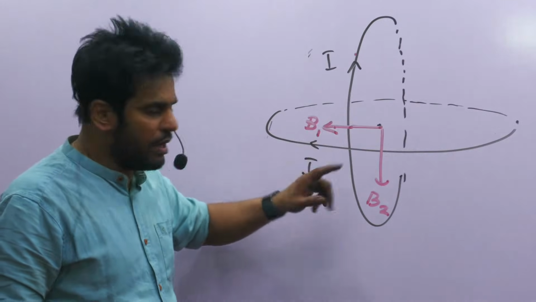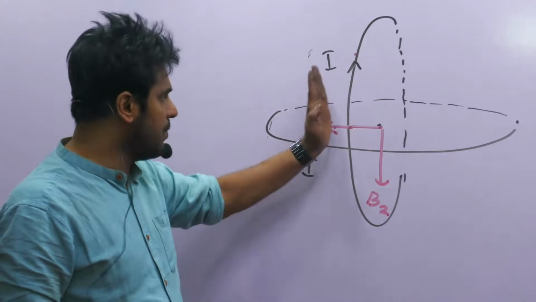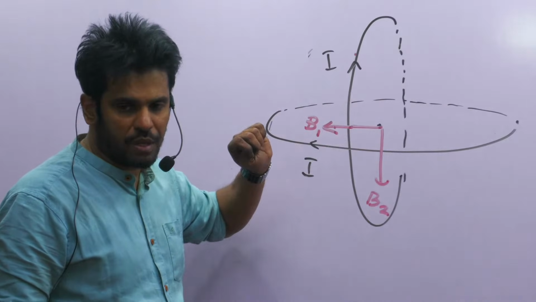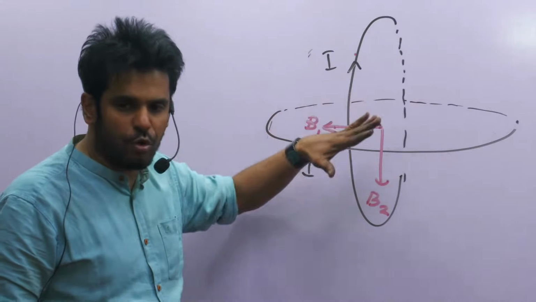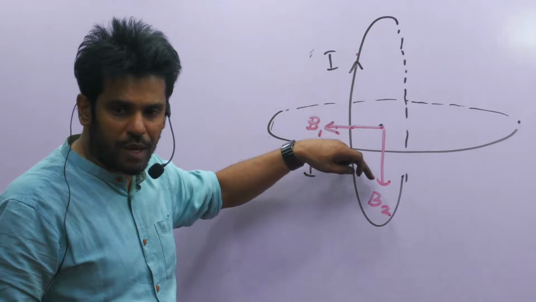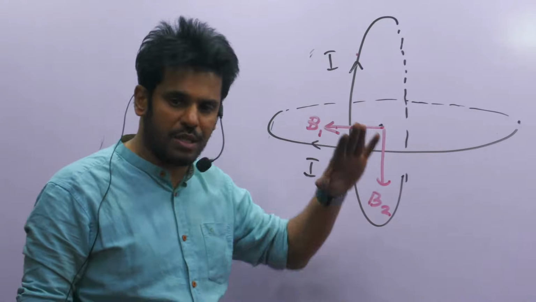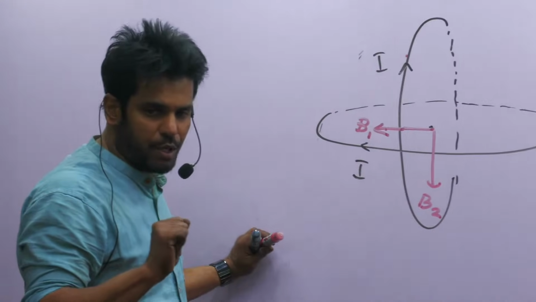But here I label them B1 and B2, so it is very easy to identify which is vertical and which is horizontal. When they have the same current with identical loops, the magnitudes of the magnetic fields are also equal to each other.